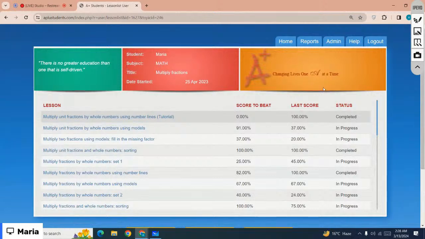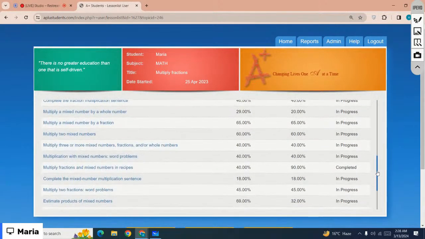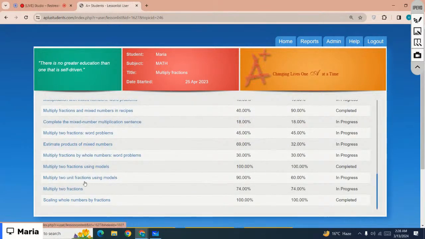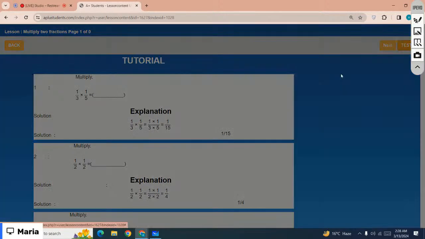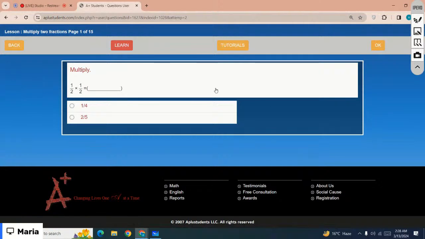And the next lesson is multiply two fractions, right? So multiplying two fractions is very easy. We know how to multiply the fractions. You have 1 by 2 times 1 over 2.